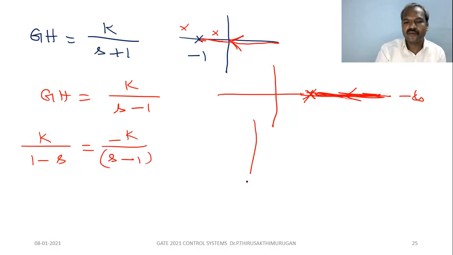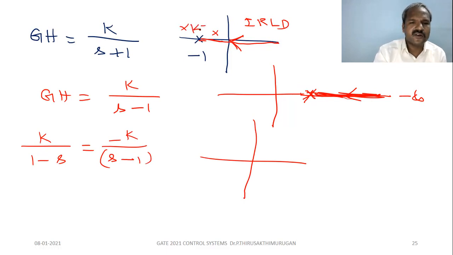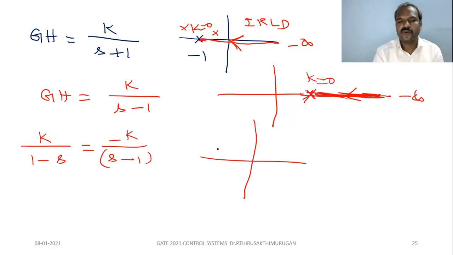Then next is k into 1 minus s, that is equal to minus k by s minus 1. So what is the root locus? This is the inverse RLD. Please understand. From minus infinity, the gain is k equal to 0, so minus infinity to 0, k equal to 0. It terminates at the pole, here, s equal to 1.